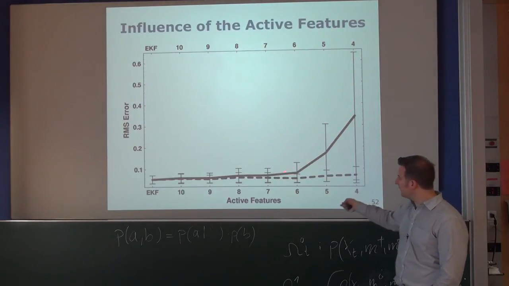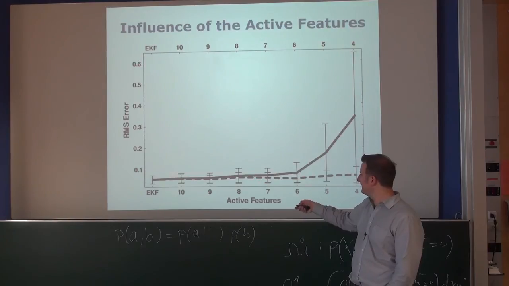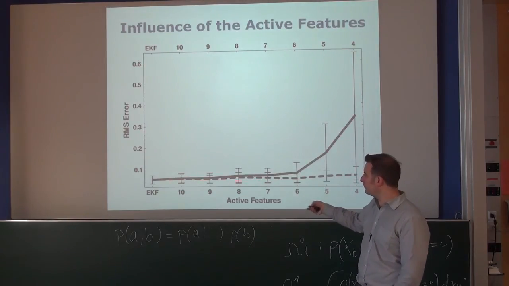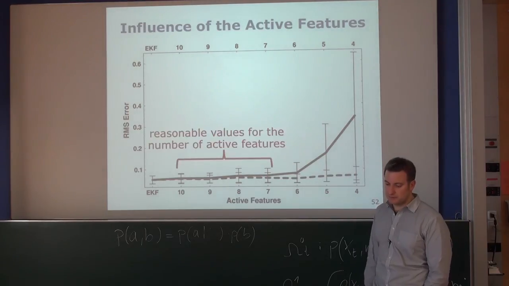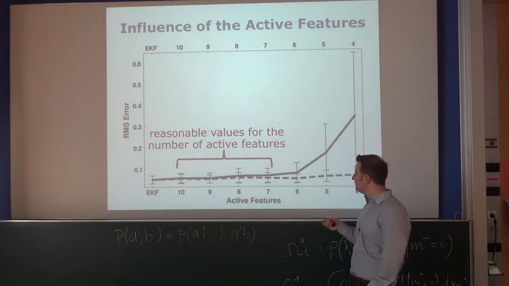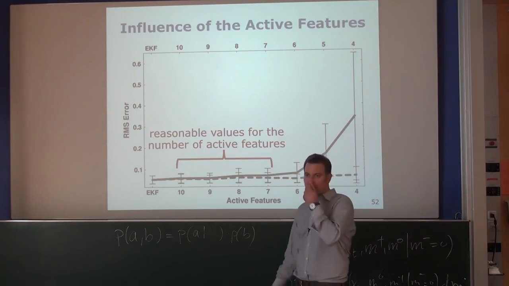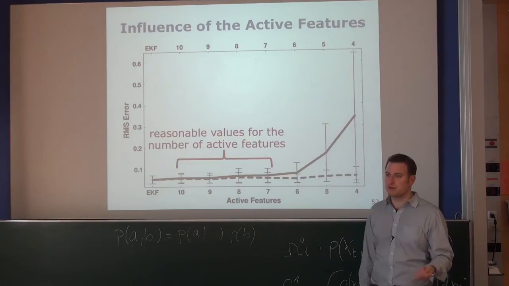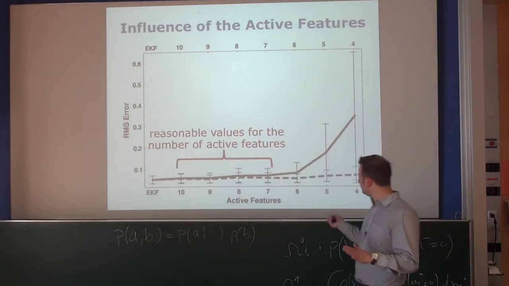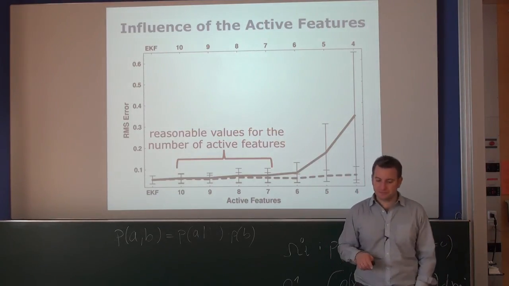But as soon as I increase that, from 7 to 10, the error is really small and it's hard to identify the difference between both. So this area seems to be a reasonable compromise between small approximation error and efficient runtime, somewhere along these lines.